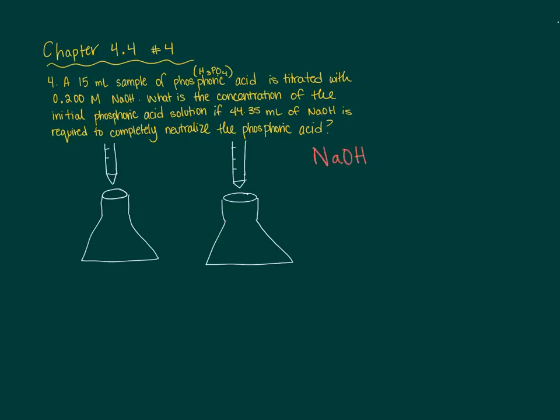And it said we had 0.2 molar and we used 44.35 milliliters. And the concentration that we're trying to find is of phosphoric acid. And it said we had a 15 milliliter sample.